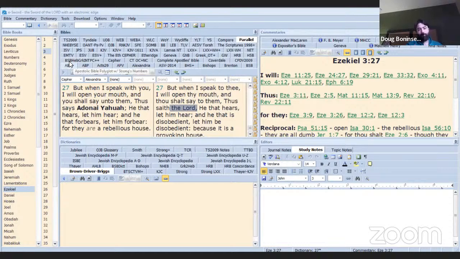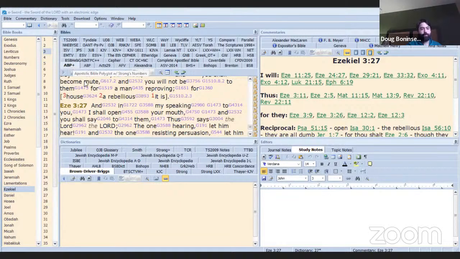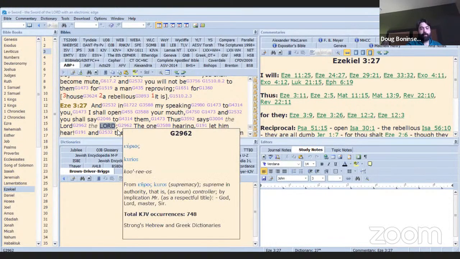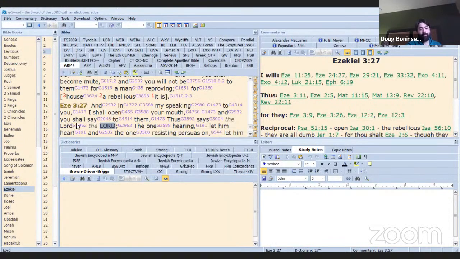And I know people will say, well, Doug, the Lord is lowercase. I'm like, okay, all you have to do is go to another translation, okay? It's all uppercase here. Again, in this version of the Septuagint, it does have two kurioses. It has one lowercase and then all caps for the second one.